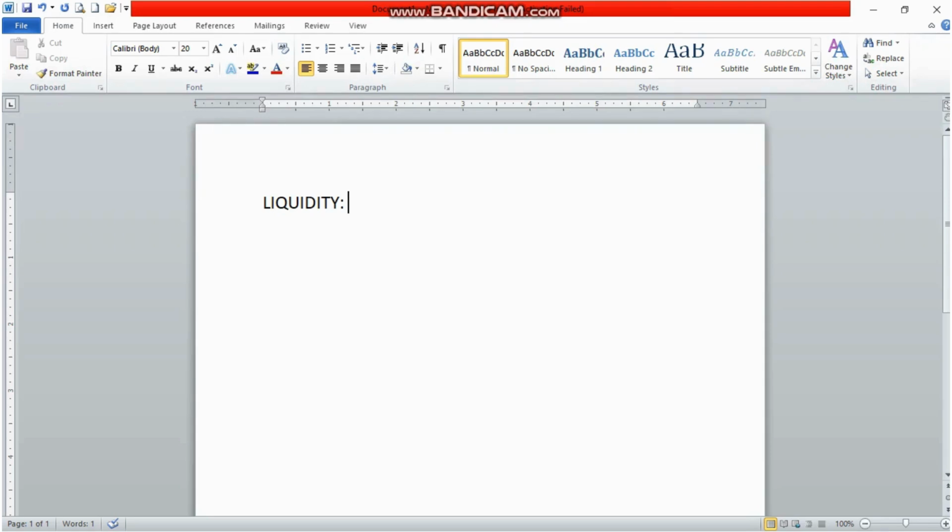Orders that are meant to be filled but couldn't be filled because of the high drive of buyers or high drive of sellers at a particular time, right? That is liquidity. Unfilled orders in the market.